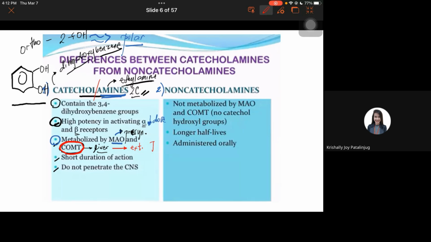Okay? Yes, correct. Or that we call it FPE or first pass metabolism. Okay, so yan, characteristic yan ng catecholamines kapag na-administer sila orally.